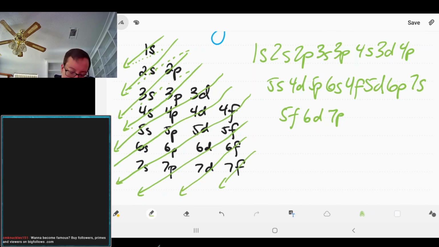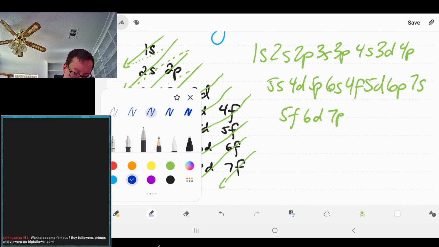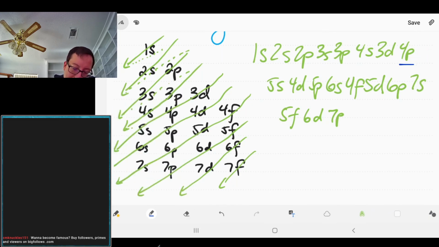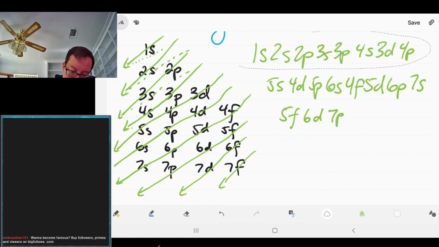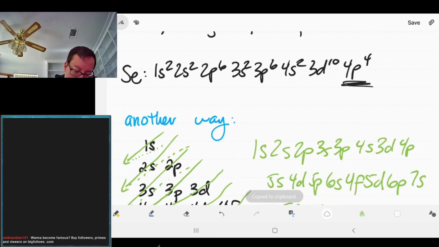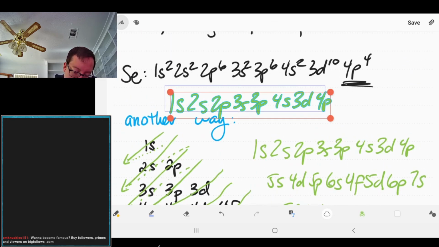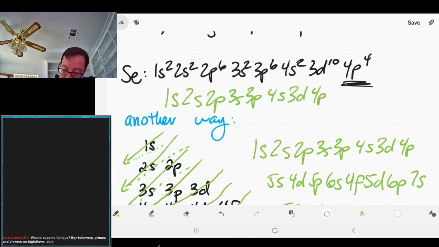And so once we identify our orbital, like we did with selenium, we saw it was 4p. Everything before it needs to be filled completely. So for our selenium, notice that the order is the same here.